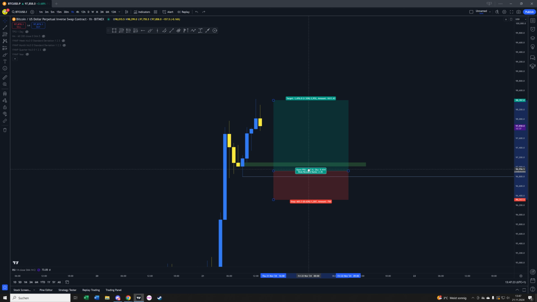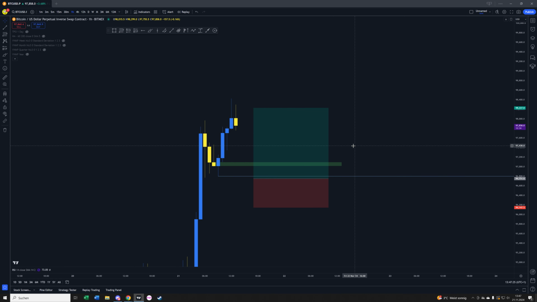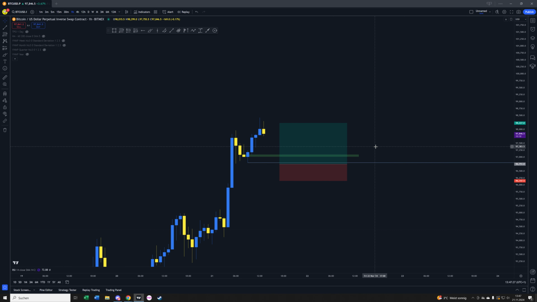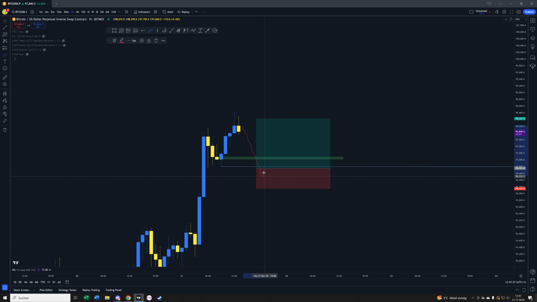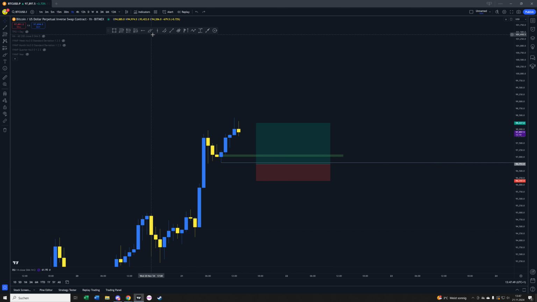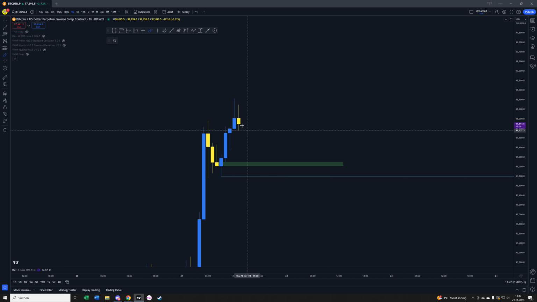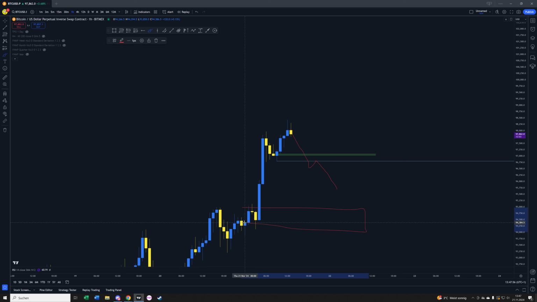It's a possible scenario that we go below here, and what are you going to do? Are you going to hide your tail between your legs, or are you playing on the emotions of other people? Because I guarantee you, if we go down here, the normal person will either short as kind of a breakout, because they want to see a retest somewhere here.